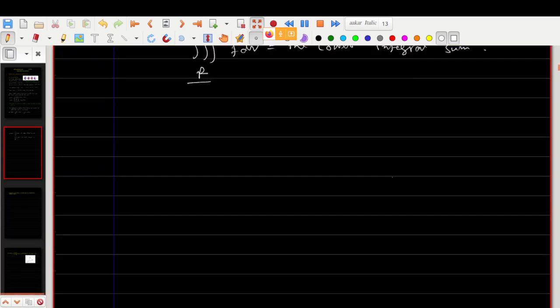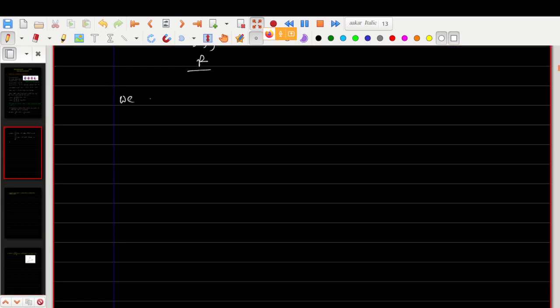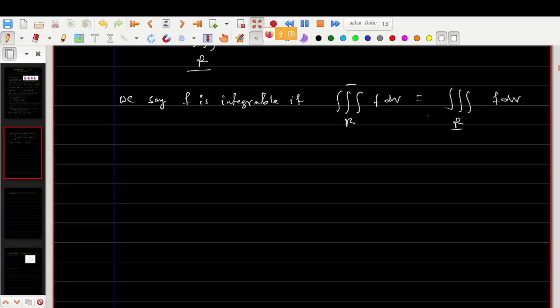And now we say f is integrable if, as usual, both the quantities are the same. And in such cases, we denote the integral of f dV to be this quantity.